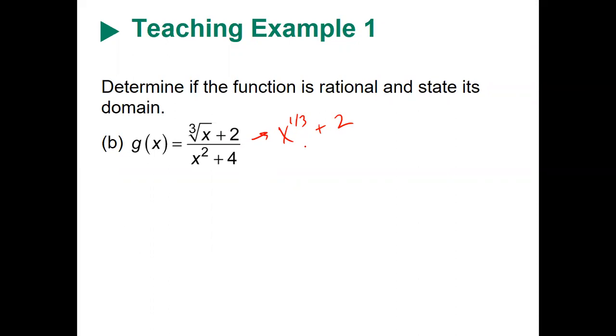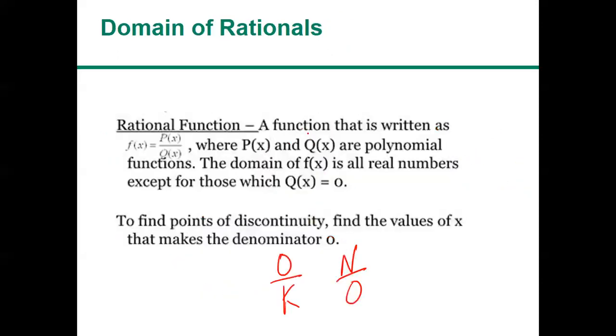So it's not rational because this is not a polynomial in the numerator. It can't be a rational function if it's not a polynomial. A rational function is written as a polynomial divided by a polynomial. So it has to be a polynomial in the numerator and a polynomial in the denominator.